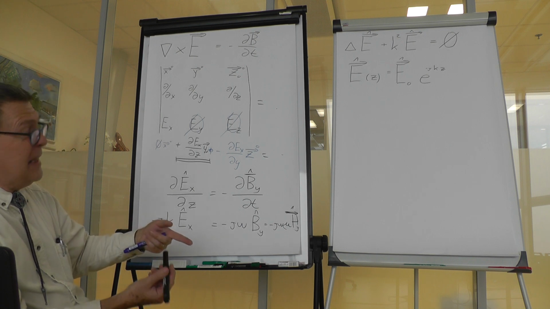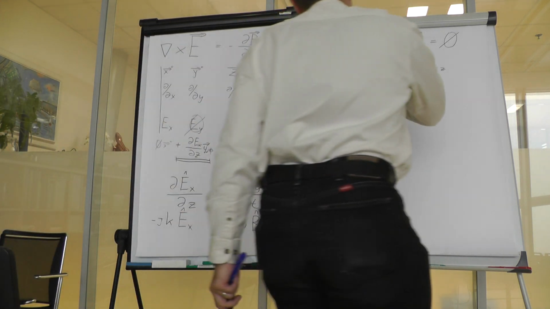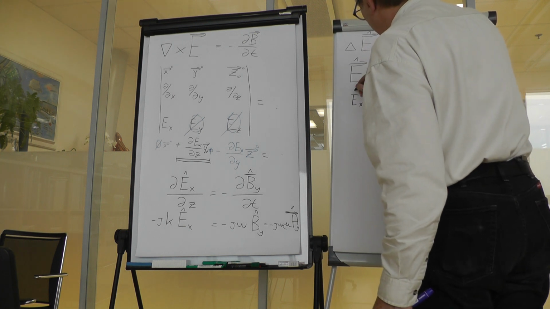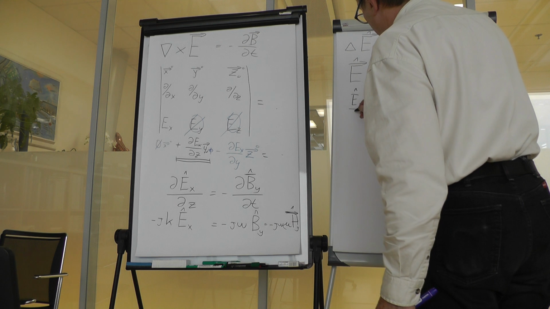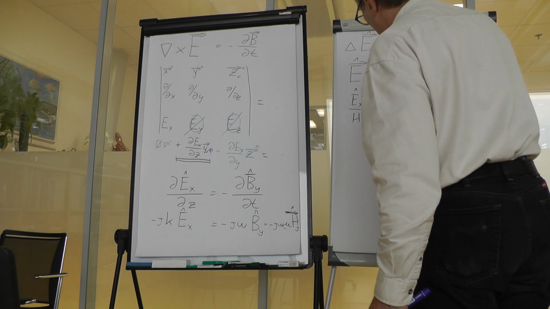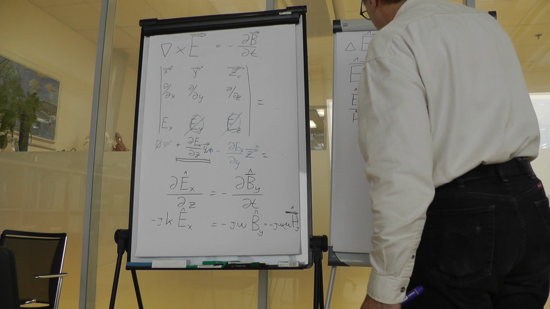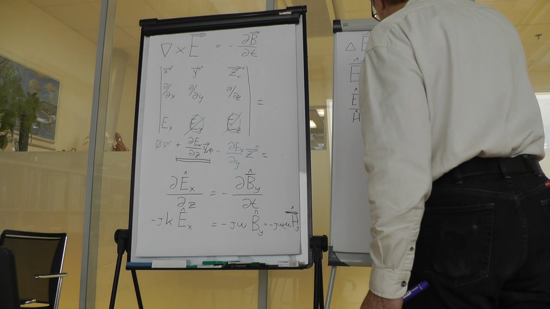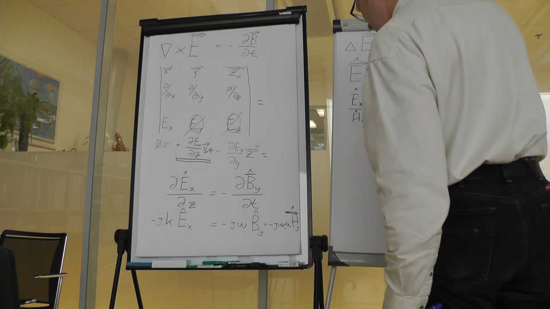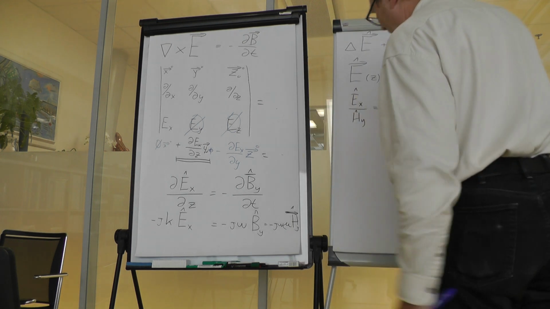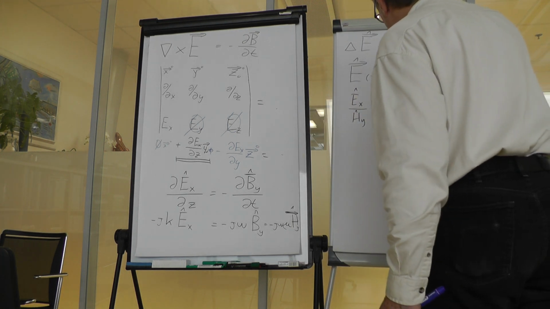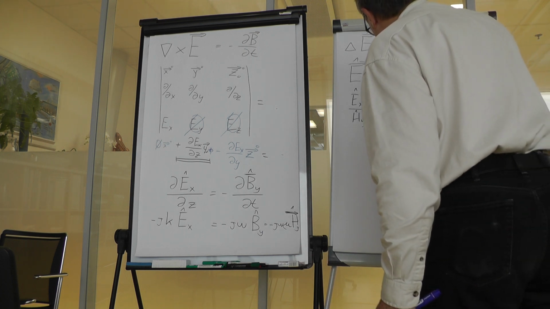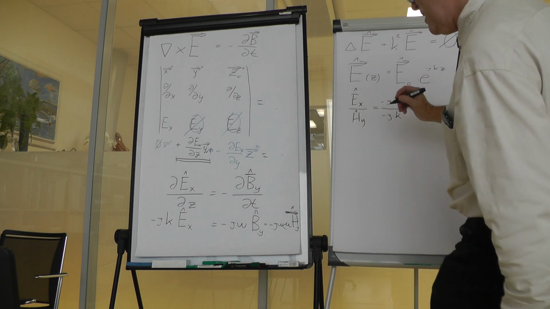And what we will obtain is Ex phasor divided by Hy phasor would be minus j omega mu divided by minus jk, and that's it.